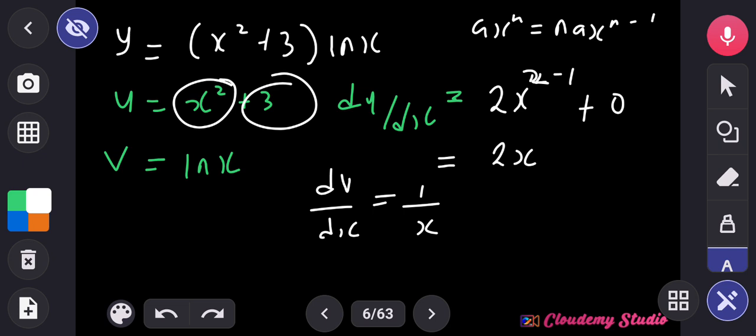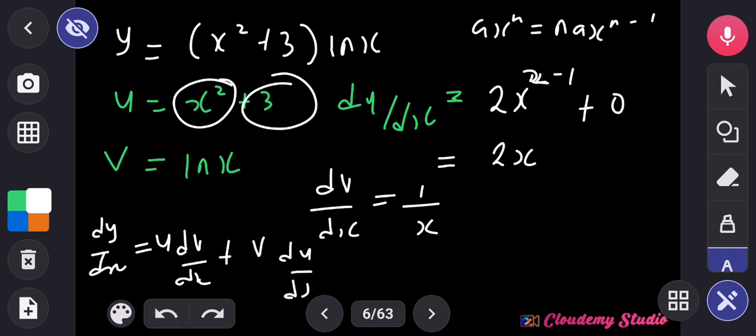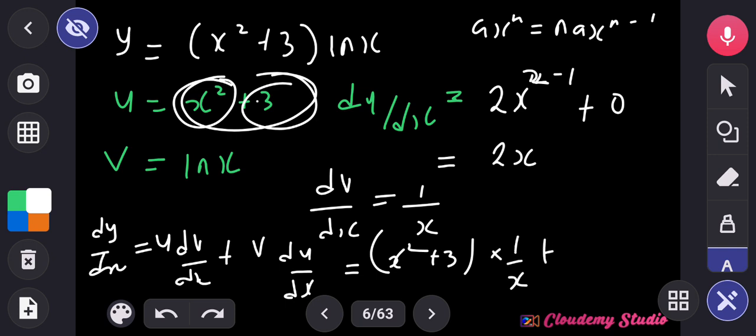So the next thing we are going to do is to take it one by one. From the formula, we have dy upon dx equals u dv upon dx plus v du upon dx. And that will be equals to what? What is our u? Our u is x squared plus 3. So that is x squared plus 3 multiplied by dv, that is multiplied by 1 over x, plus v du.